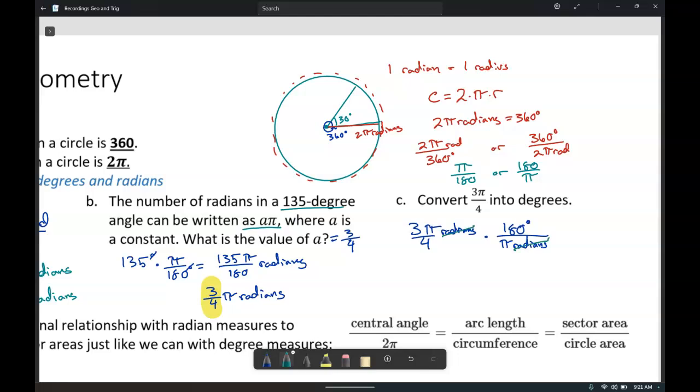That allows radians to cancel. And in this case, but not all cases, pi also cancels, leaving us with 3 times 180 degrees divided by 4. When we simplify and evaluate it, we do indeed get back to 135 degrees.